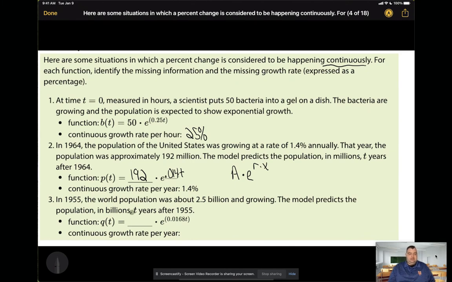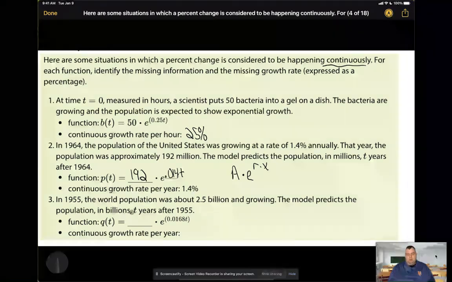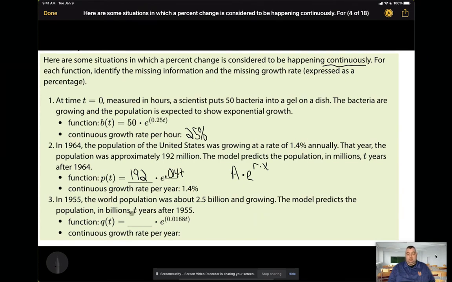Number three, in 1955, the world population was about 2.5 billion and growing. The model predicts the population in billions T years after 1955. Okay. So again, my initial value in this case is going to be, I'm going to put in 2.5 with the understanding that that means 2.5 billion.